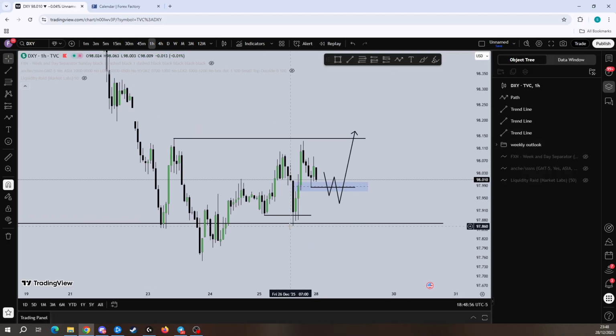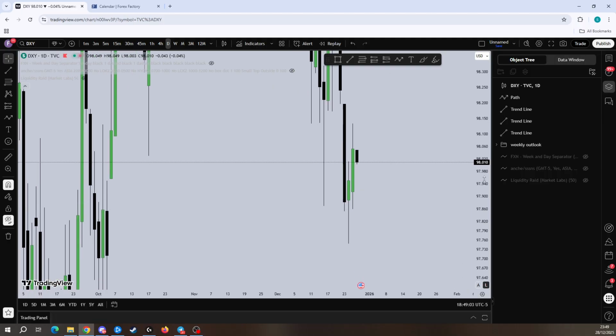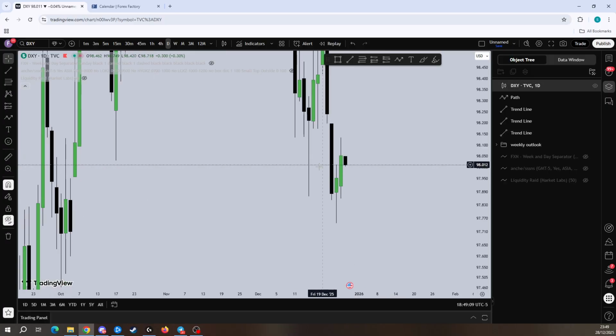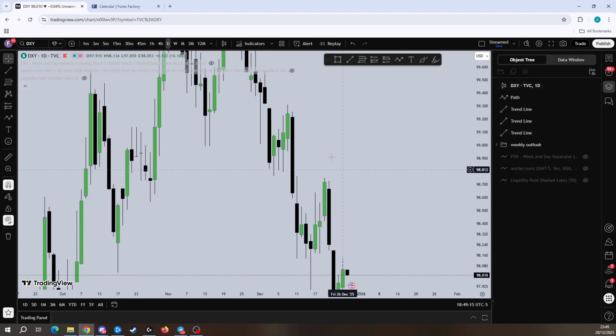I wouldn't want to see price come and take out the Friday lows, if I'm being real, because you want to see price maintain this 3-bar swing if we're bullish. But I'm not saying bullish and come up and take these highs or these highs.